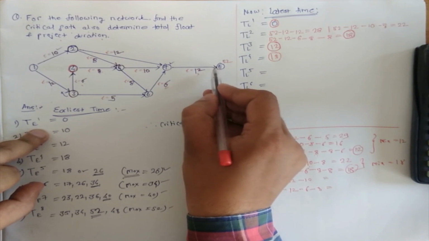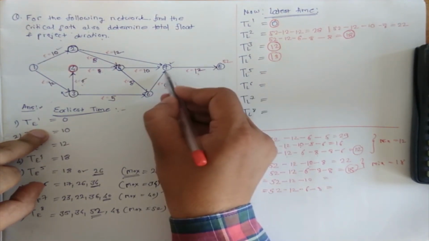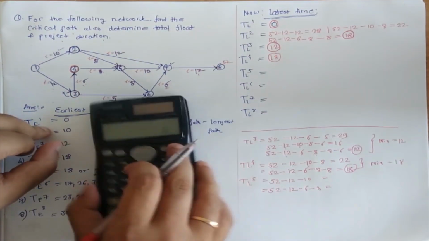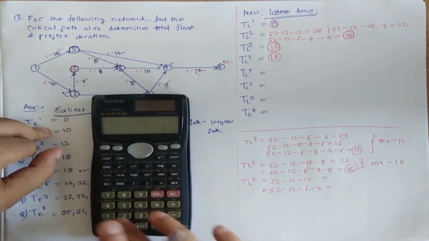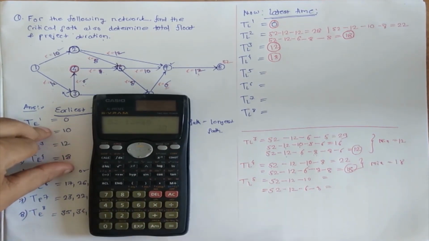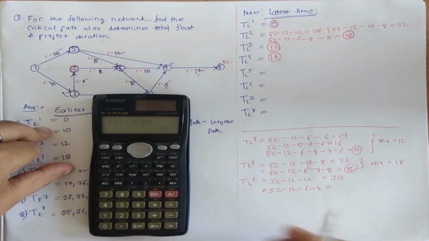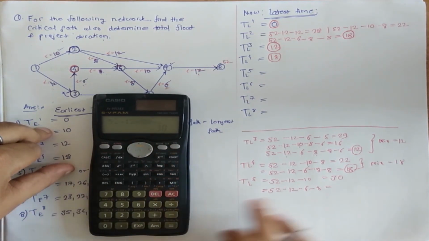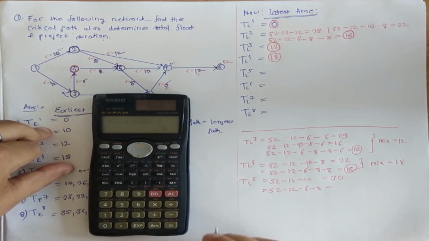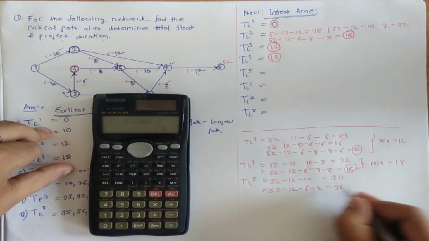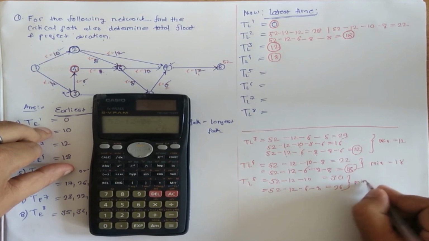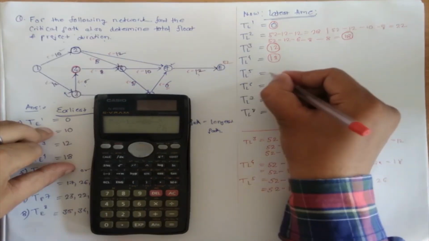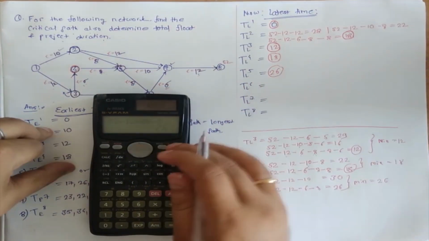So now we'll see 52 minus 12 minus 10, that is 30. Or 52 minus 12 minus 6 minus 8, it is coming to 26. So the minimum will be 26.